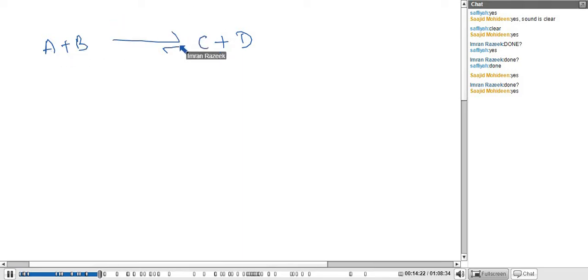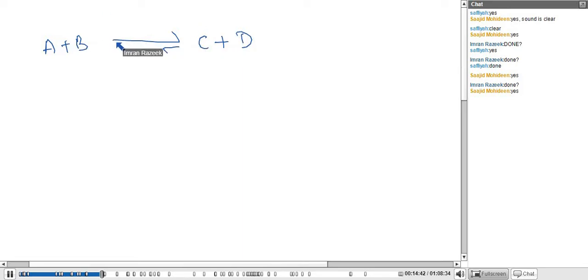So the forward reaction rate is maximum initially, and the backward reaction rate is 0. As more and more products are produced, the backward reaction starts and the forward reaction rate slows down. A and B react at a higher concentration to form C and D at a higher rate.